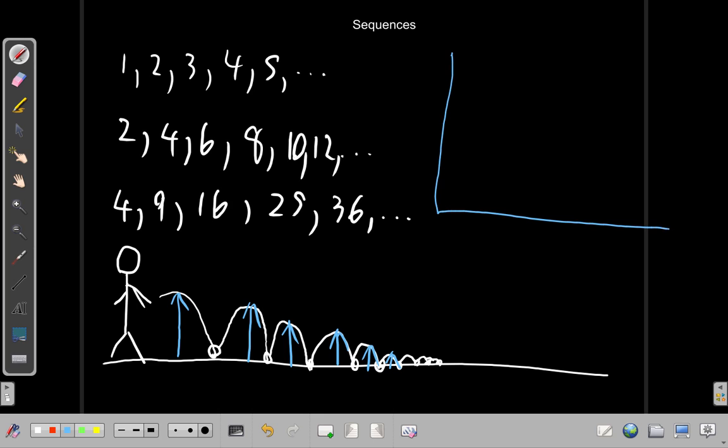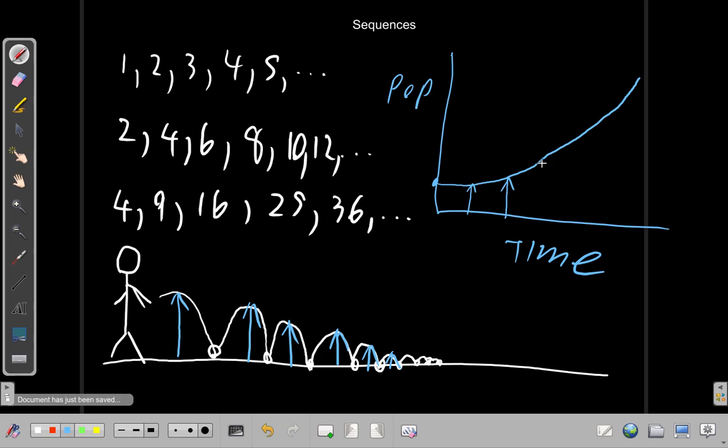Even in other cases like, say, population growth or decay as well. If you have a graph, and this is time and this is population, right? It could be humans, it could be any animal, it could be bacteria, whatever. You start with a certain number, and over time it grows like that. And at one point you have a certain population. It could be in a certain year, in another year you count the population again, or in a decade.